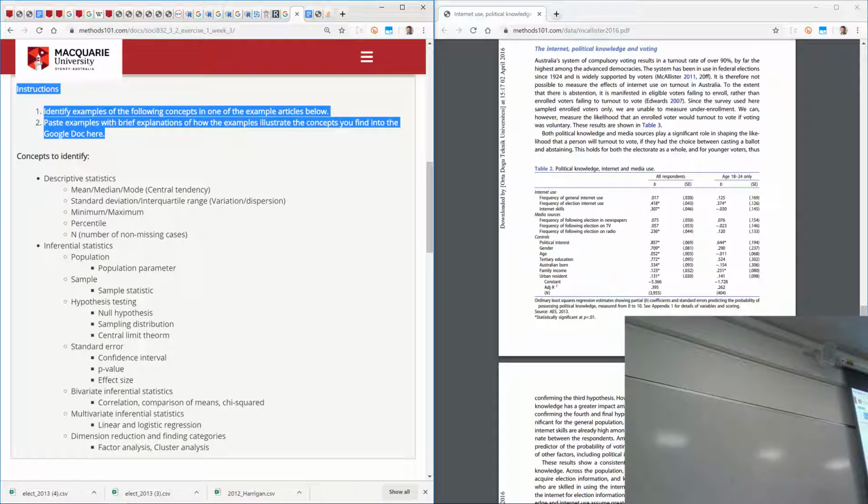What else? What about population and sample data? Population will be all the respondents, or the entire Australia. The sample is the ones that were surveyed.